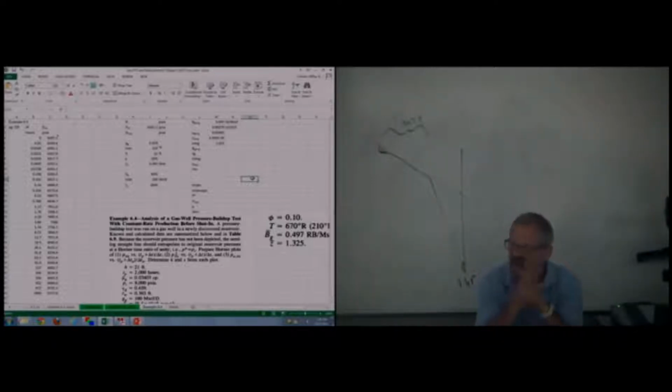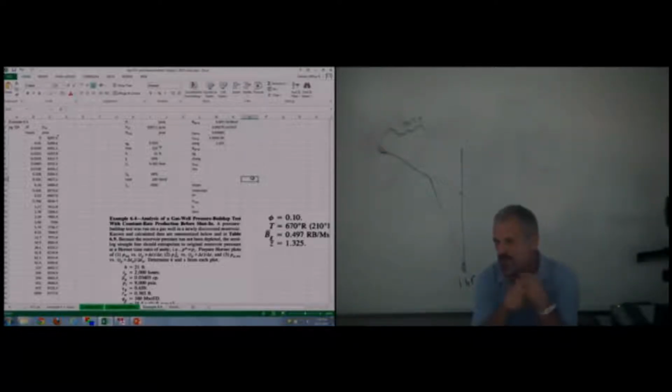Up until now, we looked only at drawdowns. Examples 1, 2 and 3 were drawdowns, flow tests. Buildups actually used to be the bread and butter of transient pressure analysis. I used to work in Oklahoma City, but I worked Wyoming.